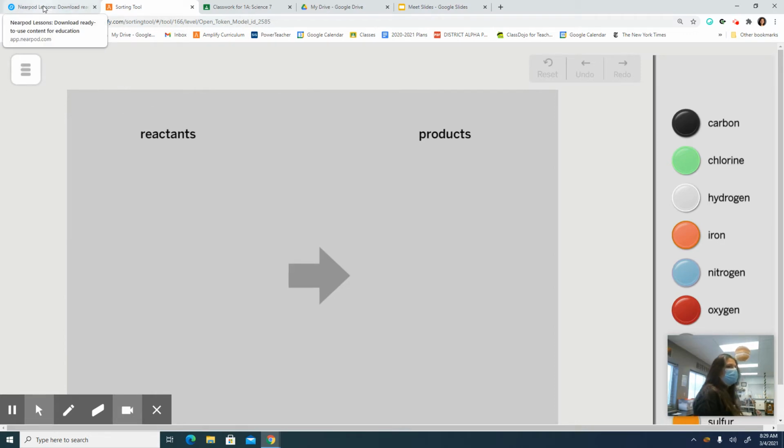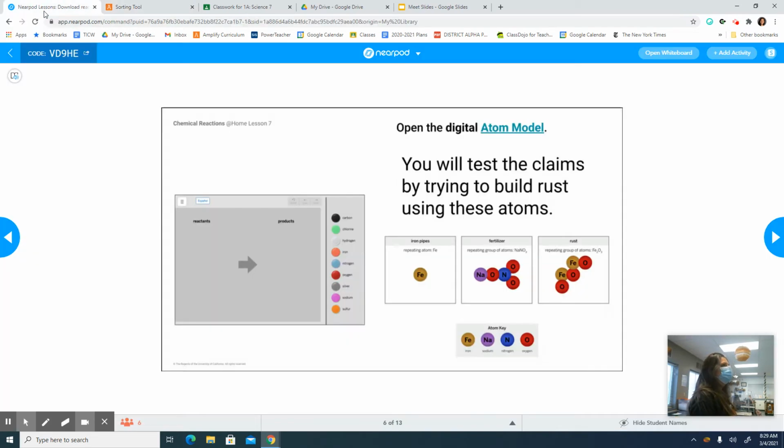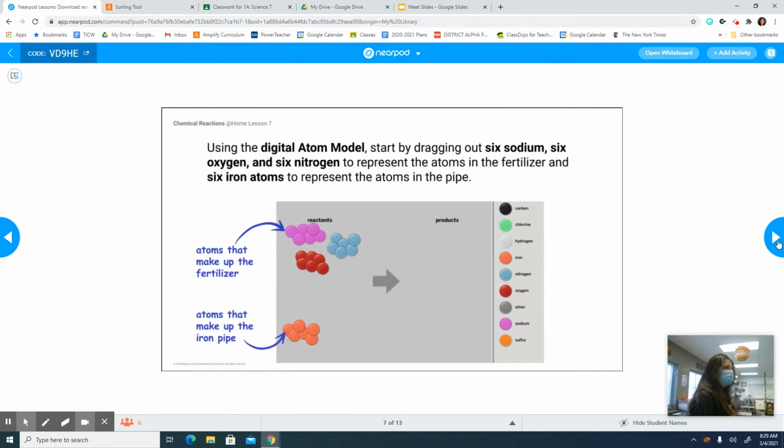And your screen should look like mine. So using the digital atom model, we're going to start by dragging out 6 sodium, 6 oxygen, and 6 nitrogen to represent the atoms in the fertilizer, and 6 iron atoms to represent the atoms in the pipe.